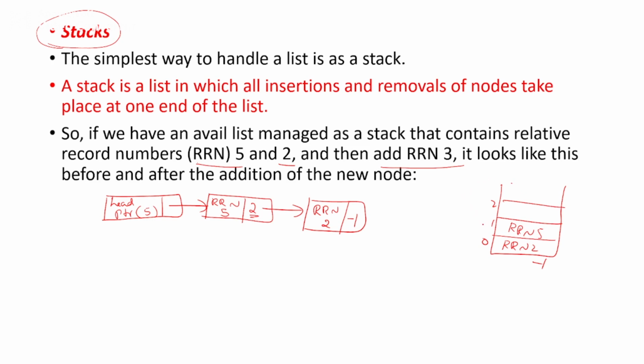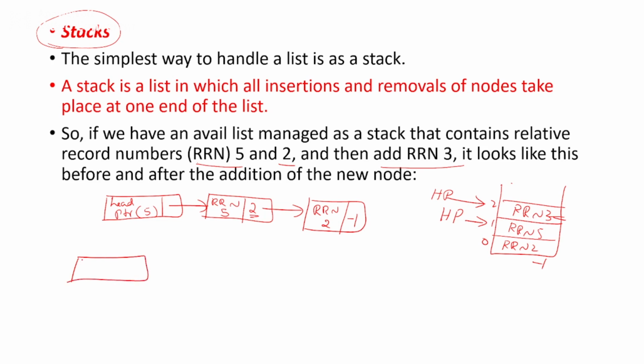Initially when 2 records are there, your head pointer is pointing to this. Now whenever you want to add one more record, your head pointer will get incremented by 1. So the head pointer is now pointing to 2, and to this place you are going to add the next RRN, that is RRN3. So when you are representing it like a linked list, you start with RRN3, then RRN5, RRN2, because the head pointer is pointing to RRN3. So my linked list will be like this.